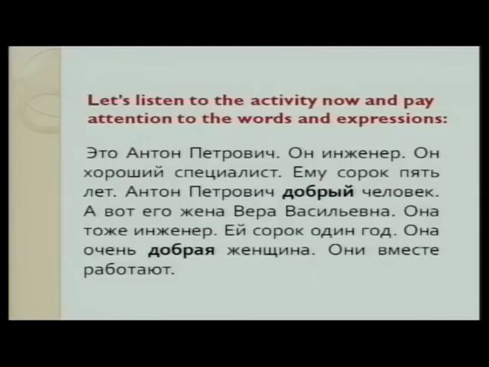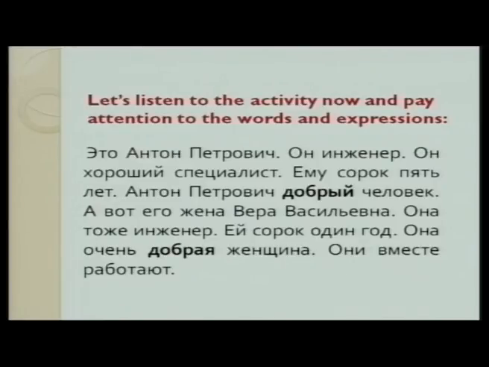Let us learn the next sentences. А вот его жена Вера Васильевна, and that is his wife Vera Vasilievna. For husband we have the word in Russian муж, and for wife we have the word in Russian жена.